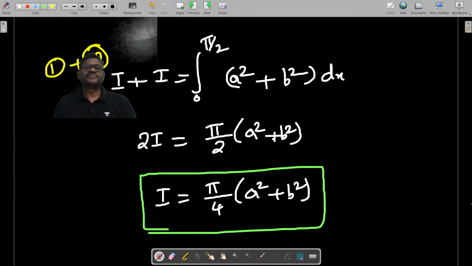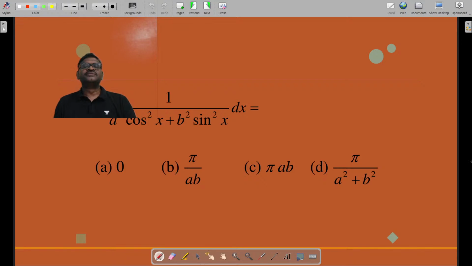Next one. The problem is integral 0 to pi of 1 by a square cos square x plus b square sin square x dx.